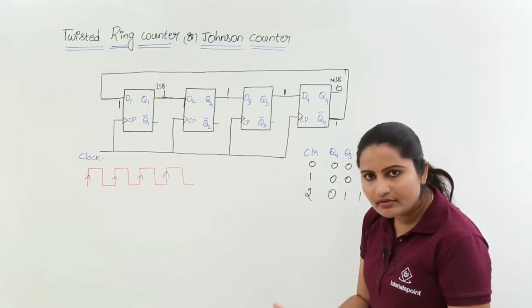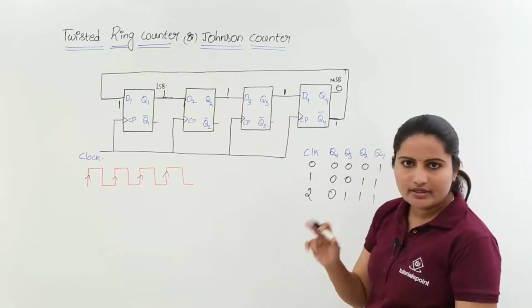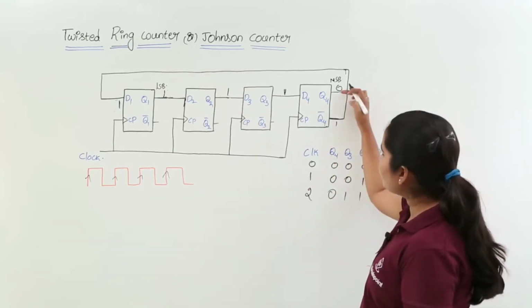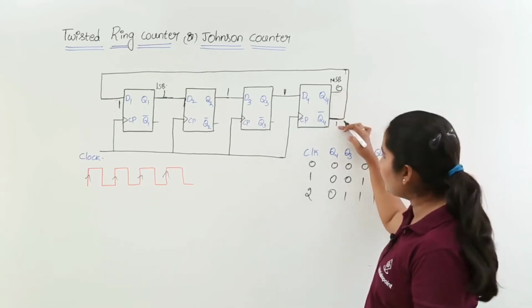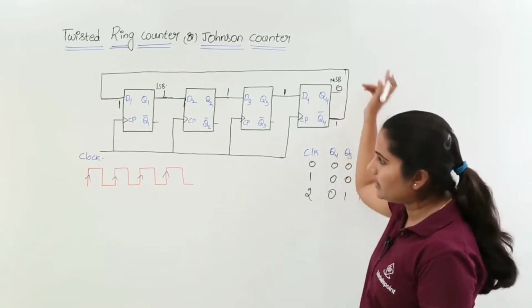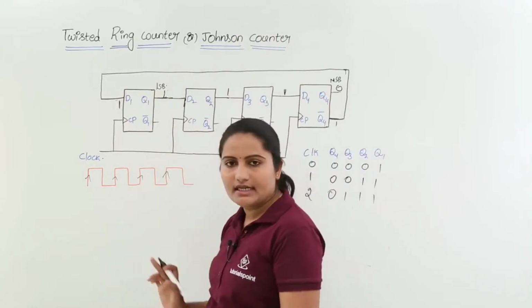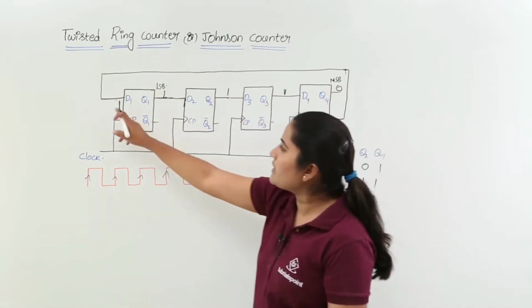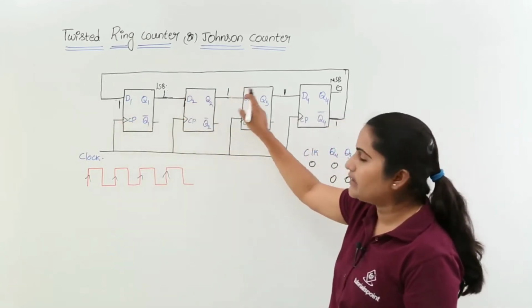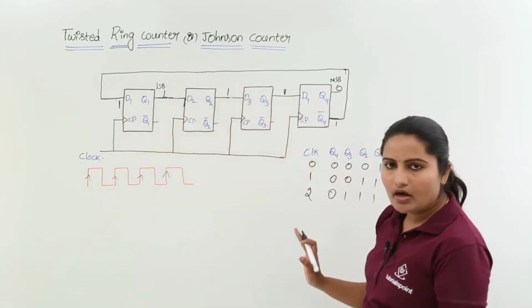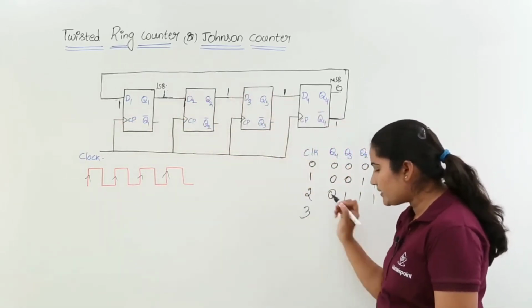Now to give the third clock pulse, again you need to get ready with inputs. If Q4 equals 0, again Q4 bar is 1, and that 1 is available here before the application of the third rising edge. So 1 is available here, and 1 and 1 as well. Now I give my third clock pulse.